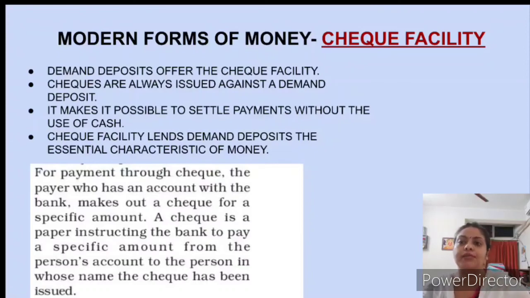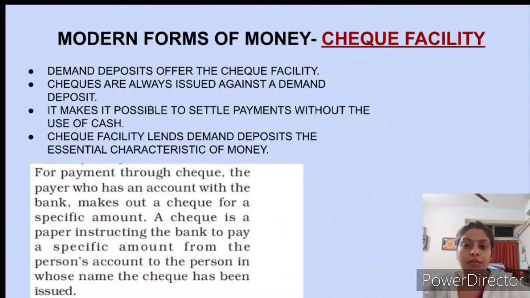So by definition, a check is a paper instructing the bank to pay a specific amount from the person's account to the person in whose name the check has been issued. We are going to study this in more detail in our next class. So basically, demand deposit is a modern form of money.